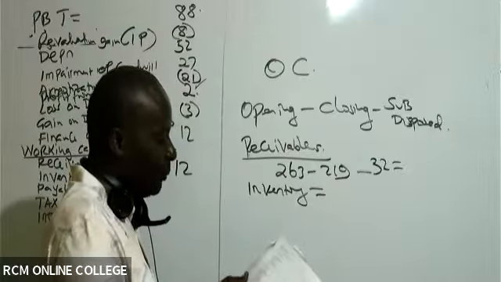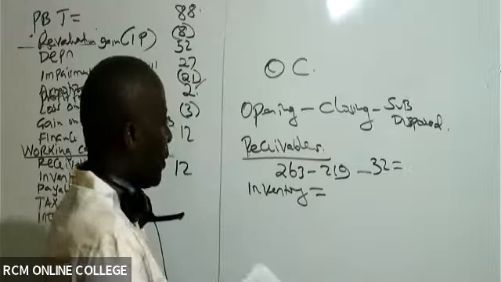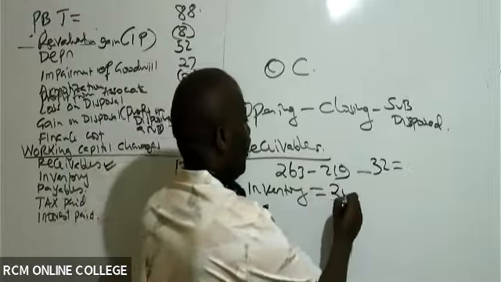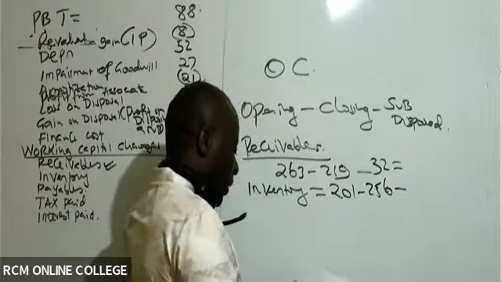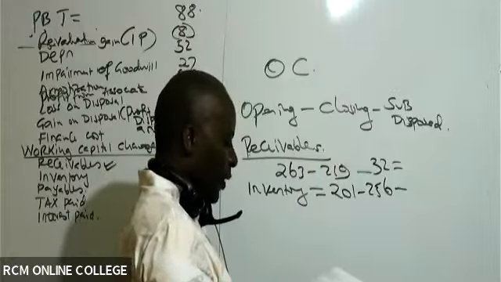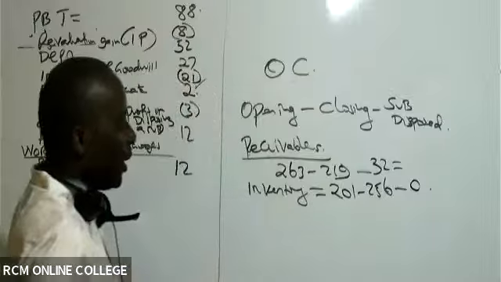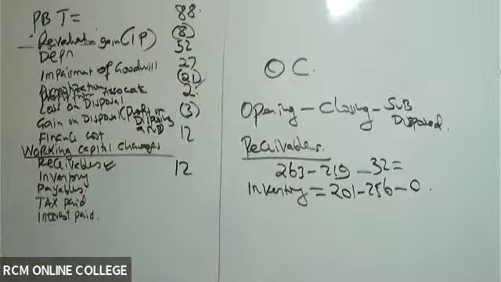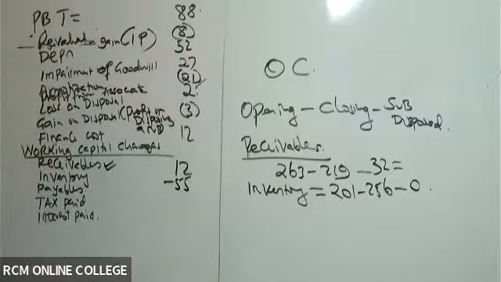How much do we have there? Yes, 201, 256, minus the disposed subsidiary, which doesn't have any inventory. No inventory there, 0. So then this will give me what figure? Minus 55. You bring it with a sign without reasoning.